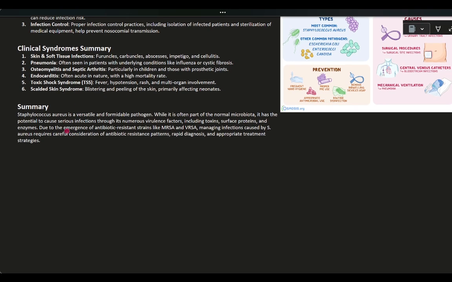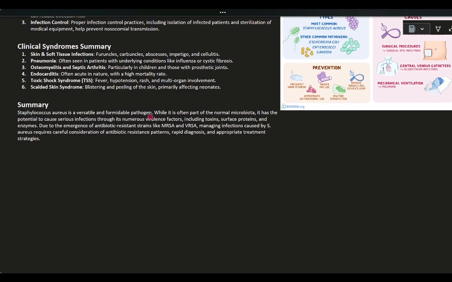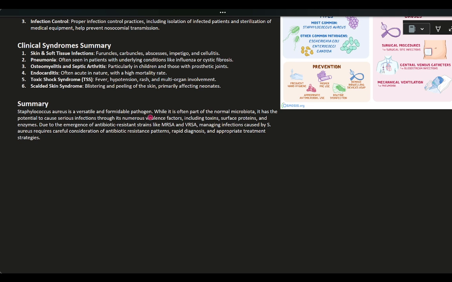In summary, Staphylococcus aureus is a versatile and formidable pathogen, especially given the prevalence of antibiotic-resistant strains. While it is often part of the normal microbiota, it can cause serious infections through its numerous virulence factors such as toxins, surface proteins, and enzymes.